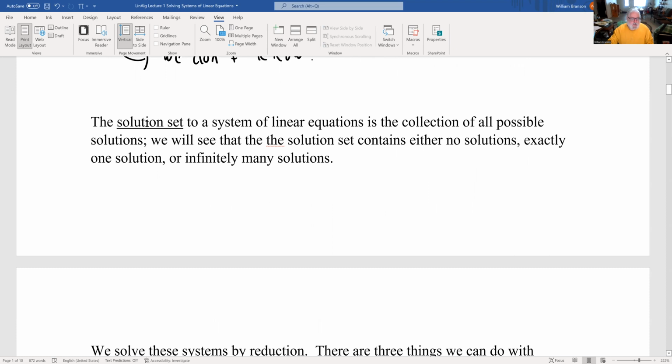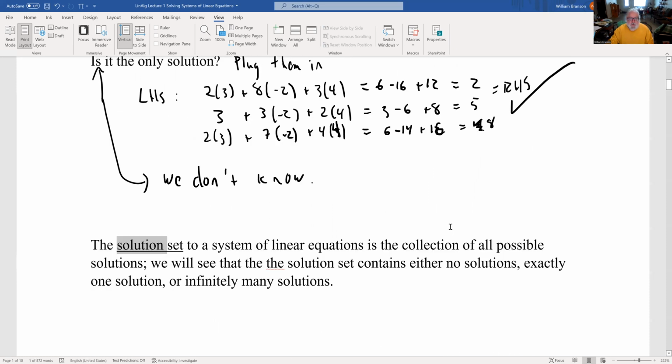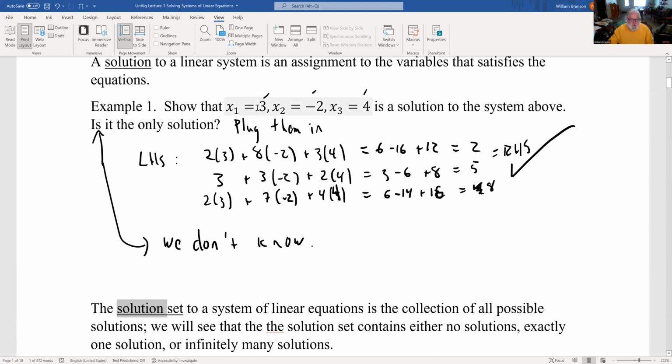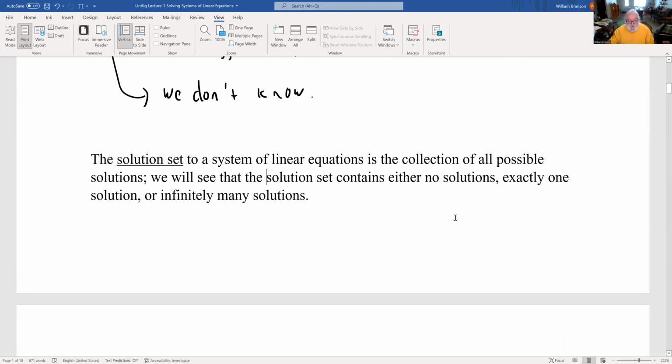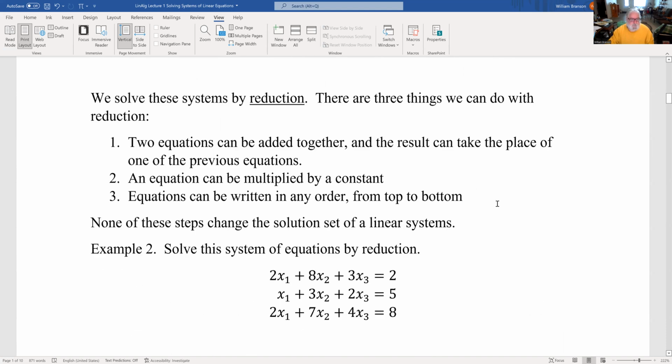So the solution set to a system of linear equations is a collection of all possible solutions. This is one solution to the system above. We don't know if it's the only solution. So the solution set contains either no solutions, one solution, or infinitely many solutions. We will see as we go through this that you can't have, like, 3 different solutions to a system of equations. 0 solutions, 1 solution, or infinitely many solutions.